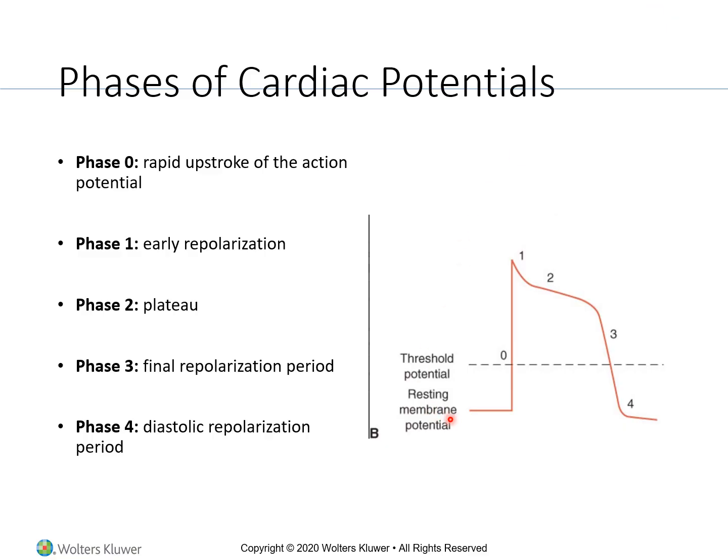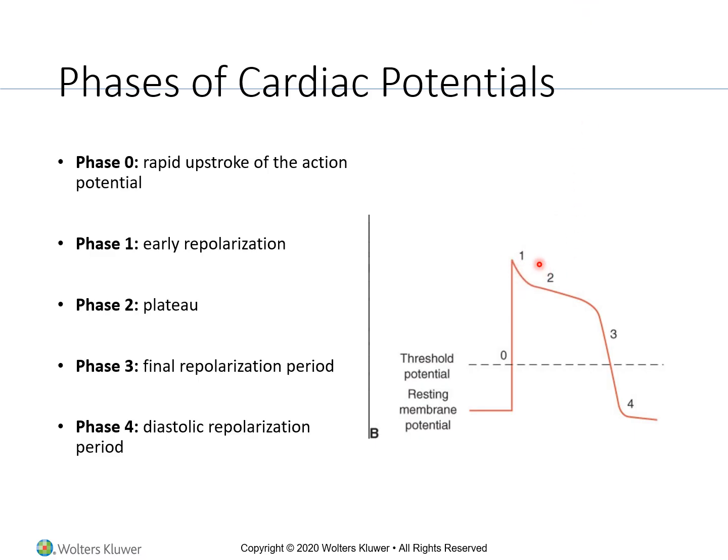Again, those are those fast sodium channels. So we see this rapid upstroke moving from that resting membrane potential at its negative pole all the way up to this much more positive phase 0 depolarization.